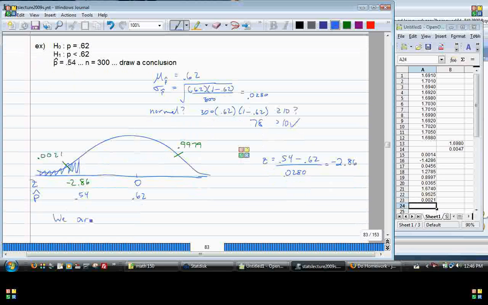We are 0.9979 confident that p is less than 0.62. That's it. What does that mean? In this problem, nothing, because that's how the problem was stated. Okay.